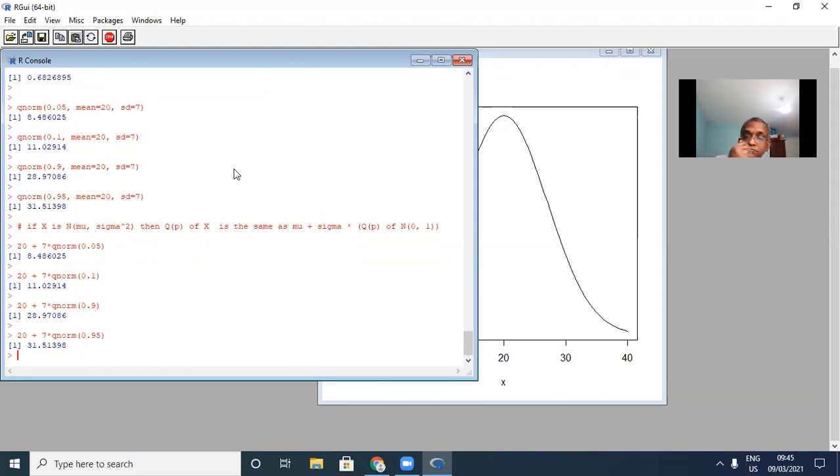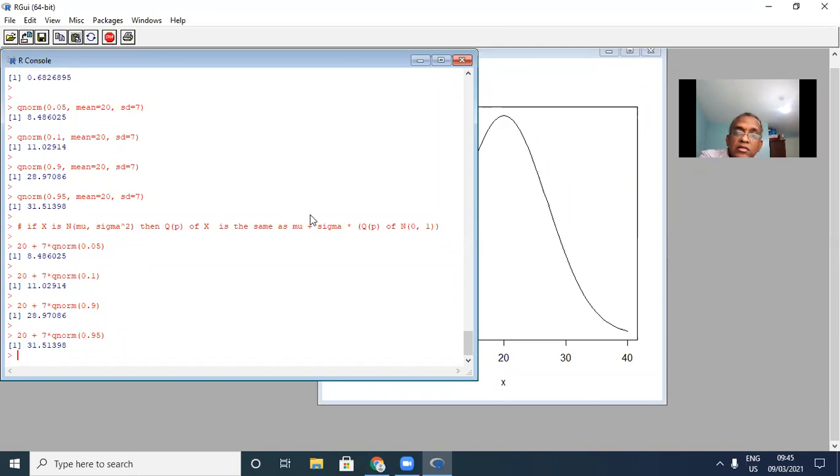What I have just explained to you is that there are two ways to compute the percentile of a normal. One way is to use the qnorm command with the given mean and the given standard deviation.